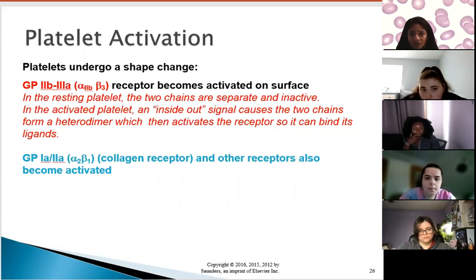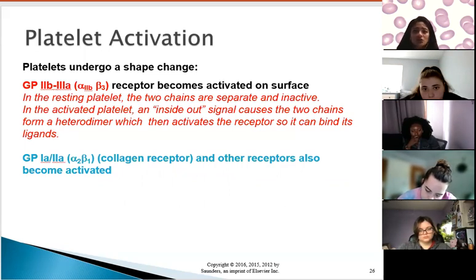Okay, so in a resting platelet, just a little side note, the two chains are separate and inactive. In the activated platelet, there's an inside out signal that causes the two chains to form a heterodimer, which then activates the receptor so it can bind to different types of ligands.